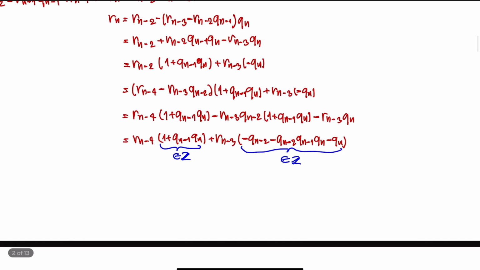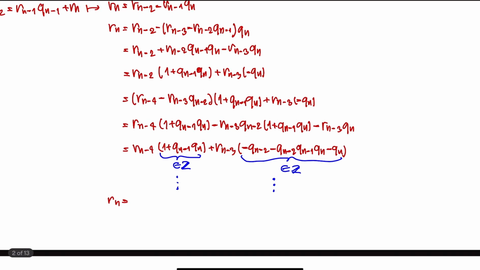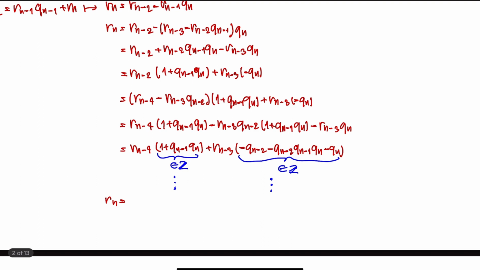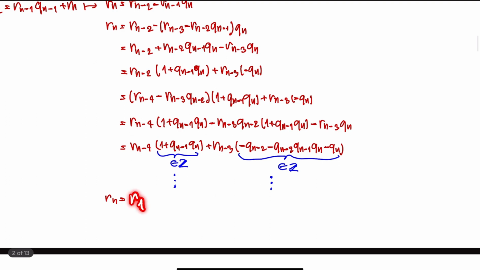So I've got to rewrite it like this. So if you end up with Rn, let's say you try to rewrite the remainder so that this one becomes R1 and this one becomes R2.